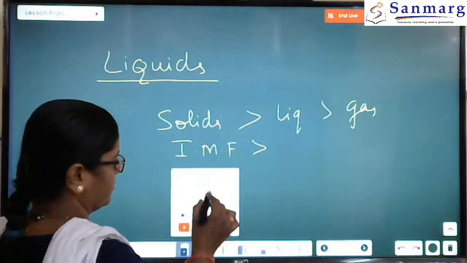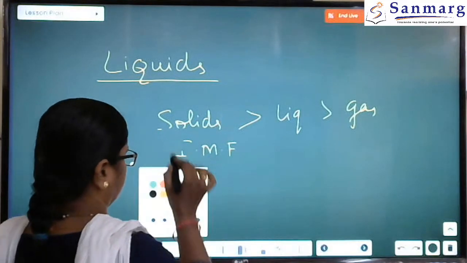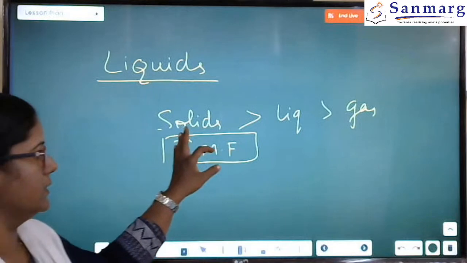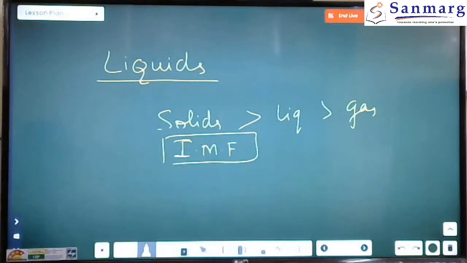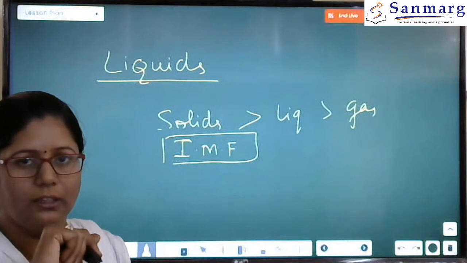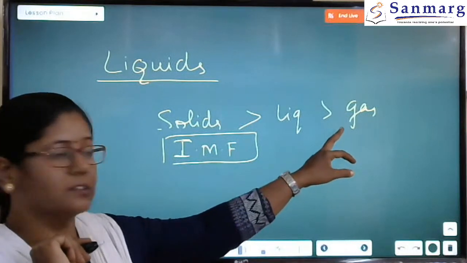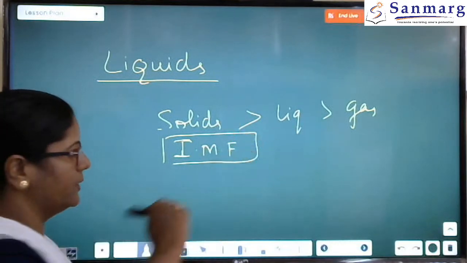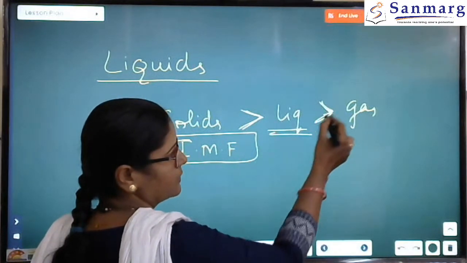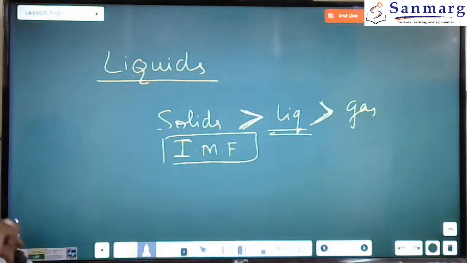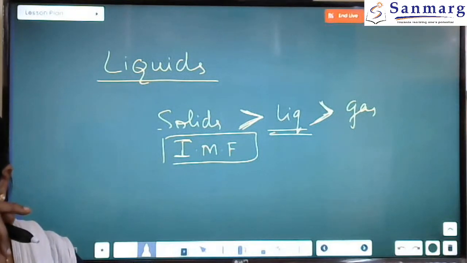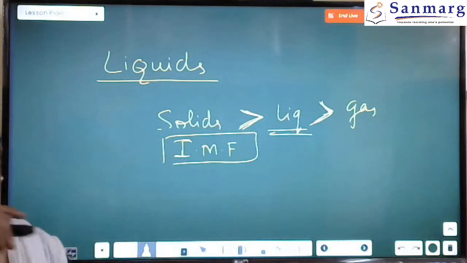So liquids are a state of matter in which the intermolecular force of attraction is greater than gas but less than solids. Second, liquids have a definite volume but do not have a definite shape.